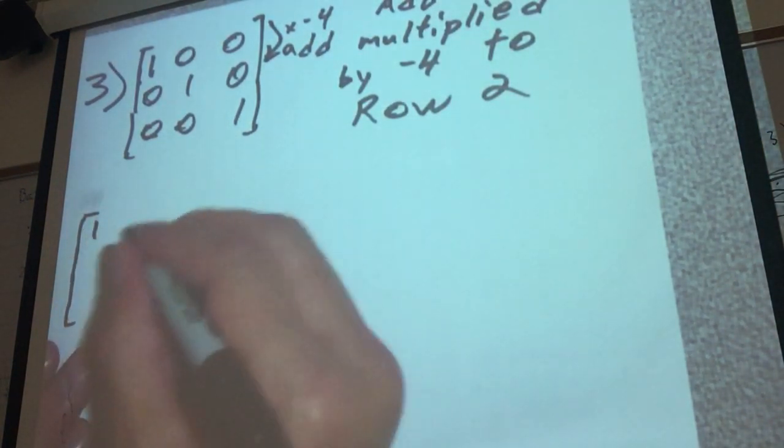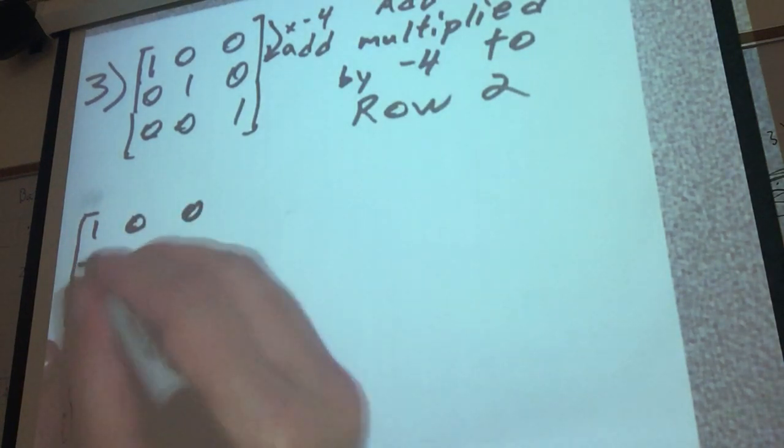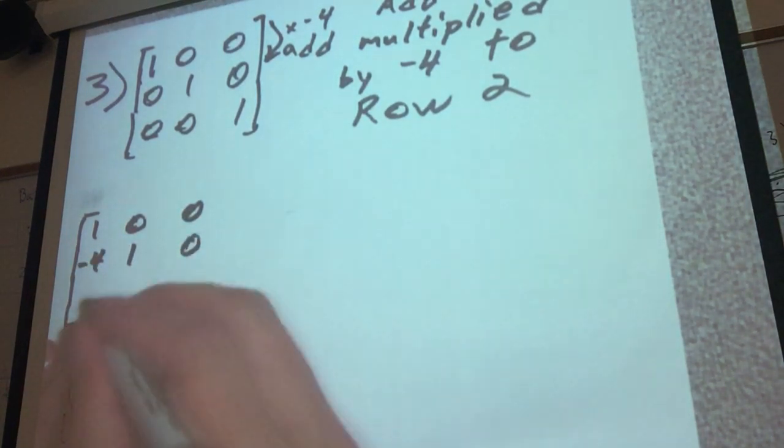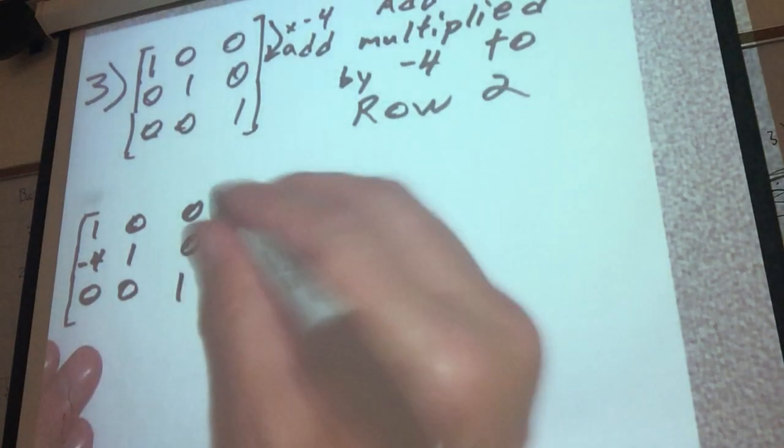That would become 1, 0, 0, -4, 1, 0, and 0, 0, and 1.